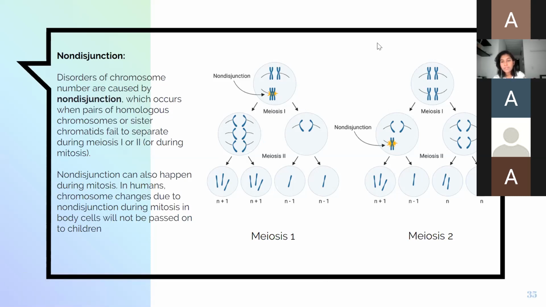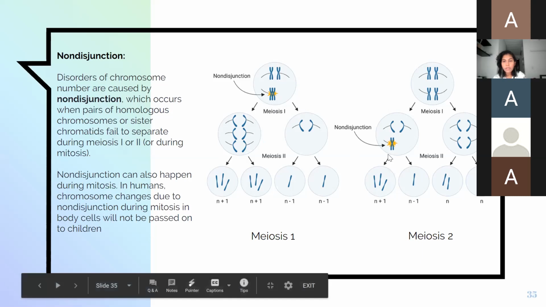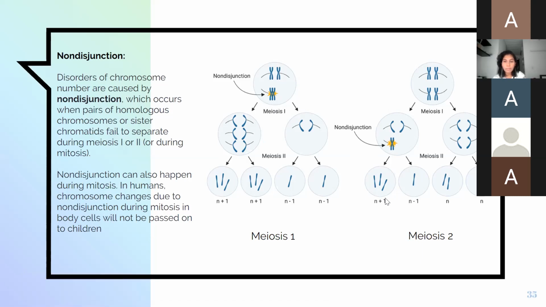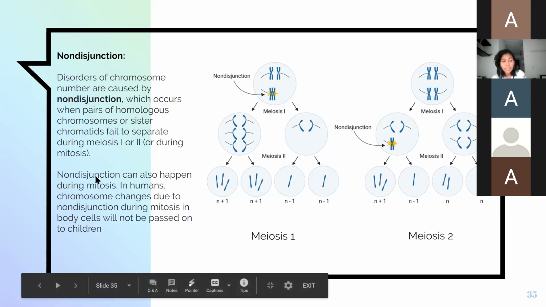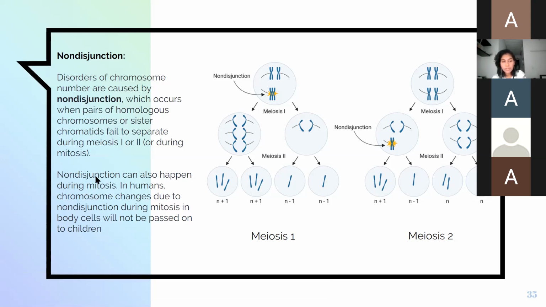And then in meiosis 2, the 2 homologous pairs do separate properly, but the sister chromatids don't separate. So one egg cell ends up with n plus 1, but one ends up without 1. And another egg cell has two normal pairs of chromatids. So this is what happens in meiosis 1 and meiosis 2. This can also happen in mitosis.